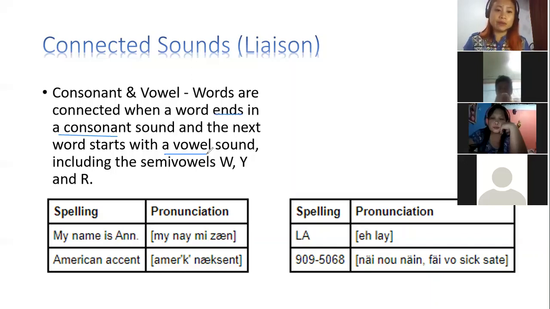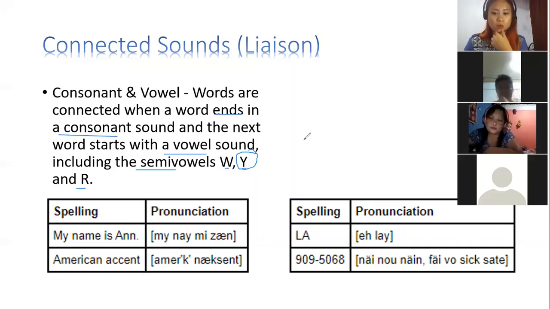Same with the semi-vowels here, W, Y, and R. They're called semi-vowels because sometimes they make a vowel sound. For example, the letter Y is a consonant letter, but it has a vowel sound.